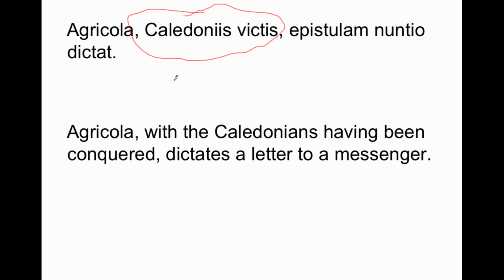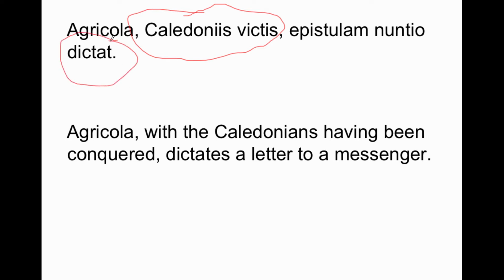So, even though I've translated it here literally with the Caledonians having been conquered, remember that with an ablative absolute, you could always turn this into something like after the Caledonians had been conquered, or in this context, even after he conquered the Caledonians. Dictates a letter.